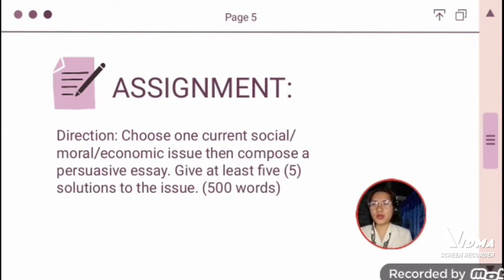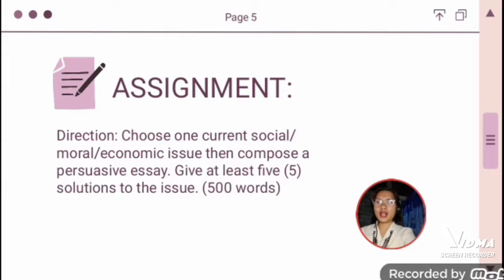So it depends on you, and then give at least 5 solutions to the issue. So having said that, you are going to provide or suggest 5 probable solutions in the concluding part of your persuasive essay. So your essay should contain a total of 500 words.